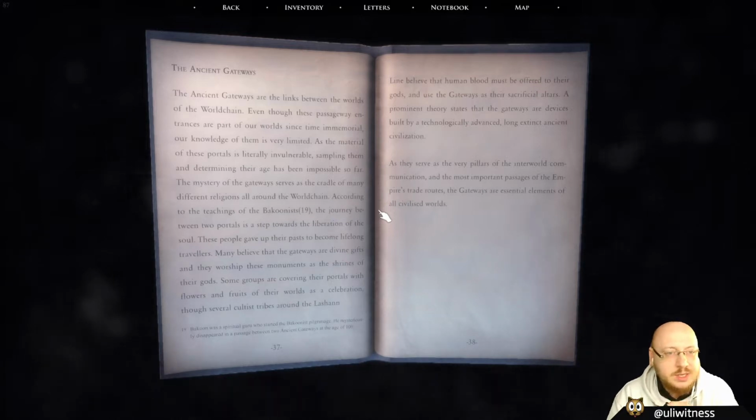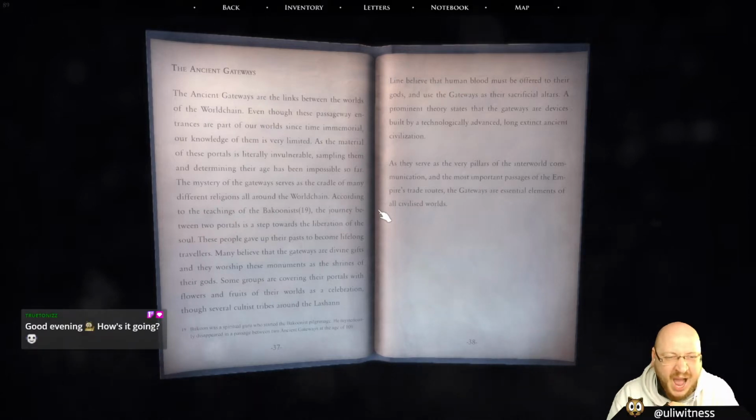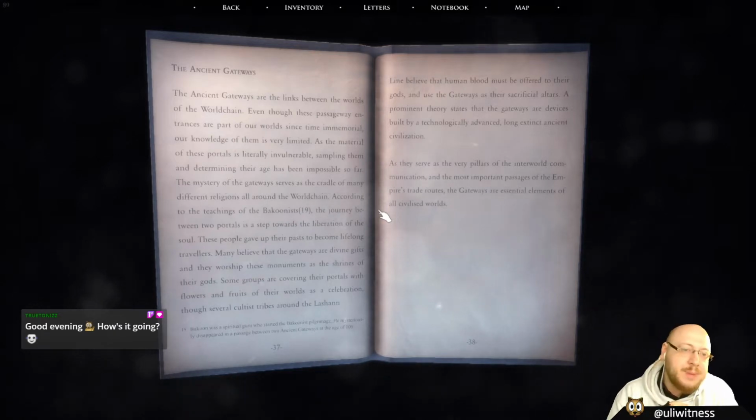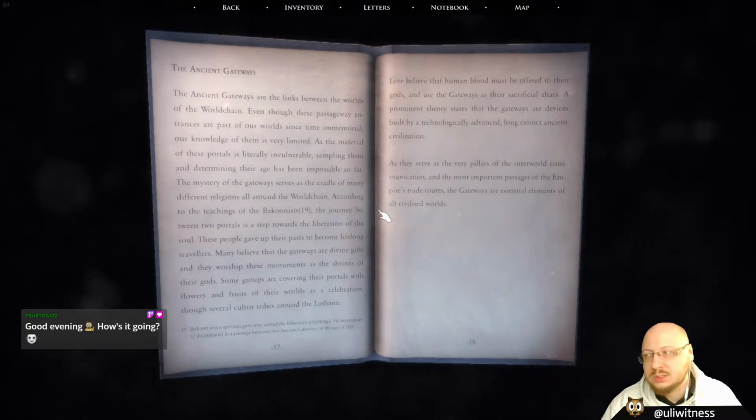A prominent theory states that the gateways are devices built by a technologically advanced, long-extinct ancient civilization. As they serve as the very pillars of the interworld communication and the most important passages of the Empire's trade routes, the gateways are essential elements of all civilized worlds.